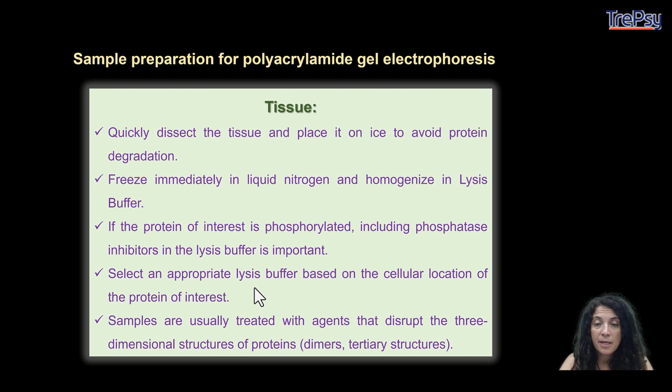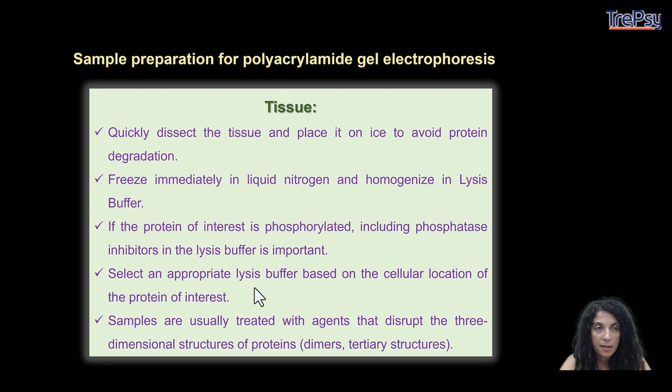So sometimes when you prepare your lysis buffer, you always use phosphatase inhibitor, because you can use this buffer for different types of protein, phosphorylated or not phosphorylated.